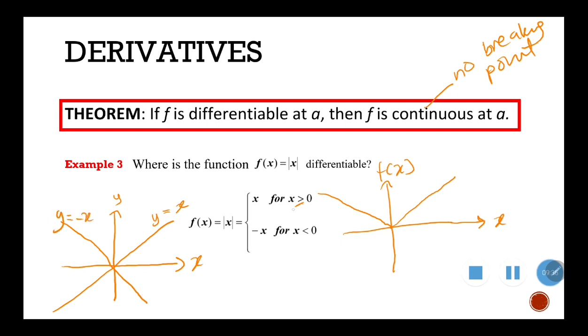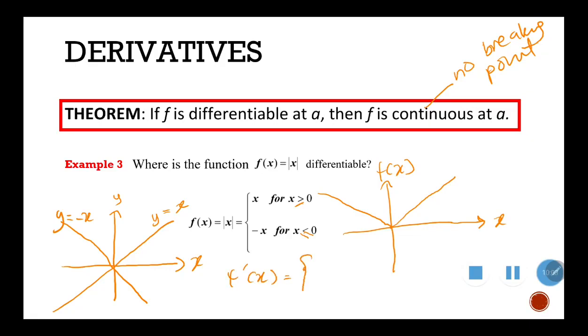So for x larger than 0, it is x, and for x smaller than 0, it is minus x. So now we want to find the value of f(x).